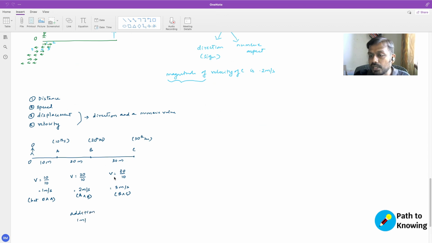Similarly, between B and C, he has acquired an additional 1 meter per second.